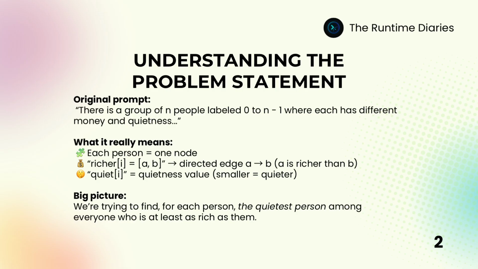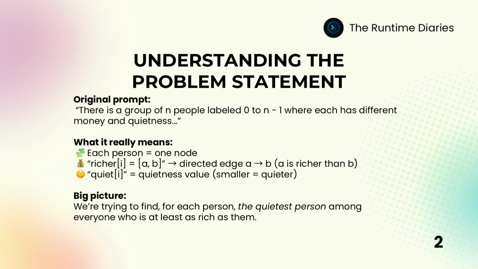So person a to person b means a is richer than b. And the quiet array tells us how quiet each person is, where smaller numbers mean quieter people. Finally, the goal is to return an array answer where answer[x] = y, where y is the quietest person among everyone who is at least as rich as x.